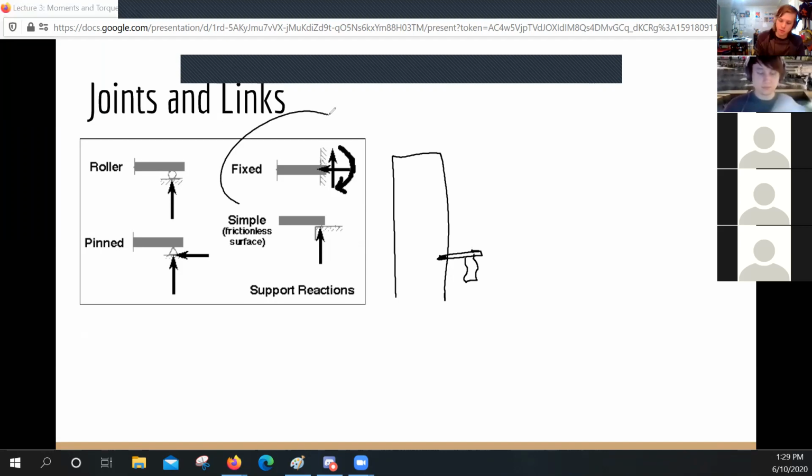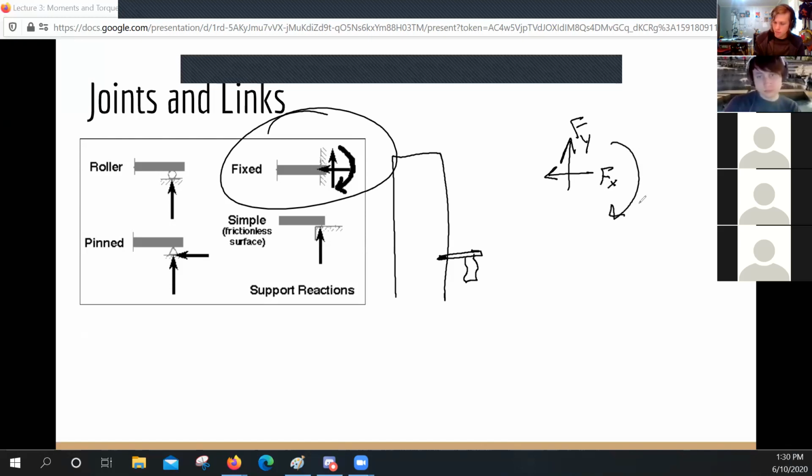That would be an example of a fixed joint, because it has no way to move. And what a fixed joint does is, it's completely static and completely defined. So what that means is it has a y component force, an x component force, and it has a moment about it.